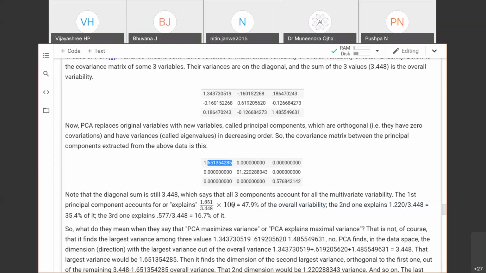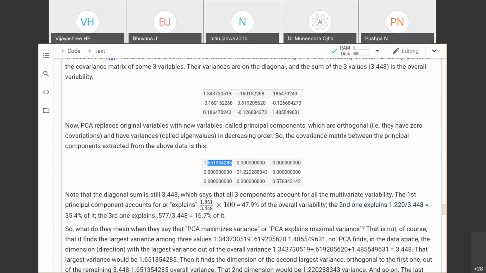Because the concept behind principal component analysis is to find the maximum variance. That is what I actually explained yesterday also. I'm looking for the maximum spread of the data, maximum variance. So the maximum variance is explained definitely by the first principal component, because that is the most prominent principal component.